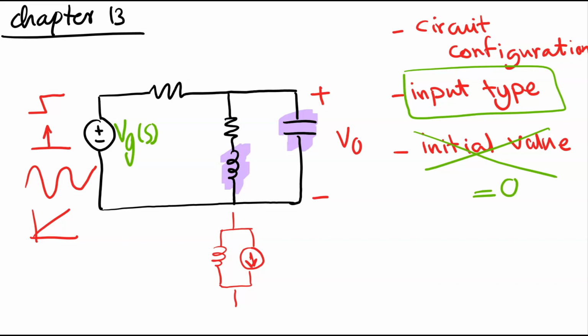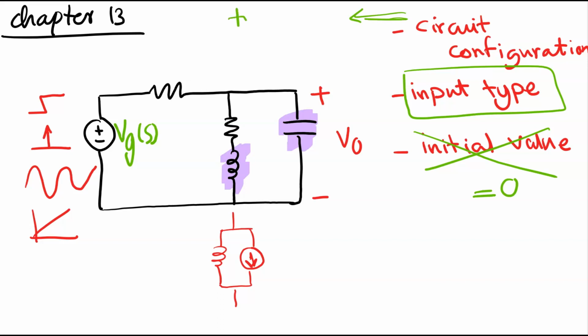So I'm going to go general regarding the input type. In this scenario, if I consider the initial values to be 0 and the input type to be in general form like VG, then I can focus on my circuit configuration and see the effect of circuit configuration on my response. That's where we say we are looking at the transfer function.